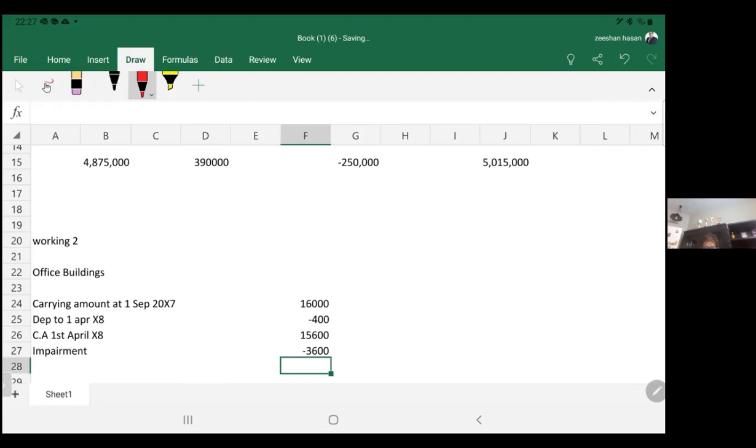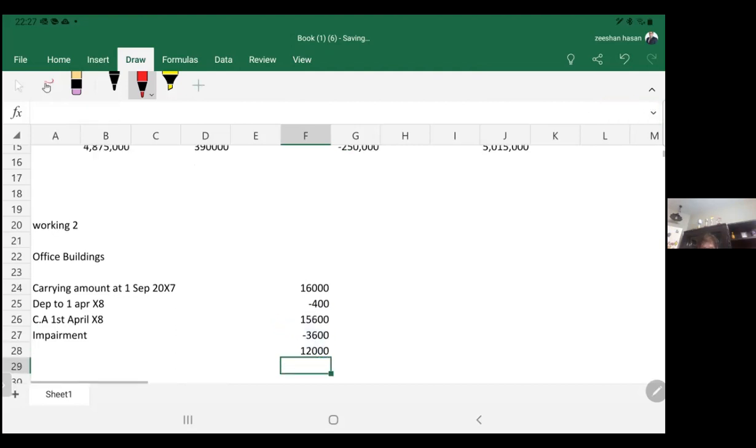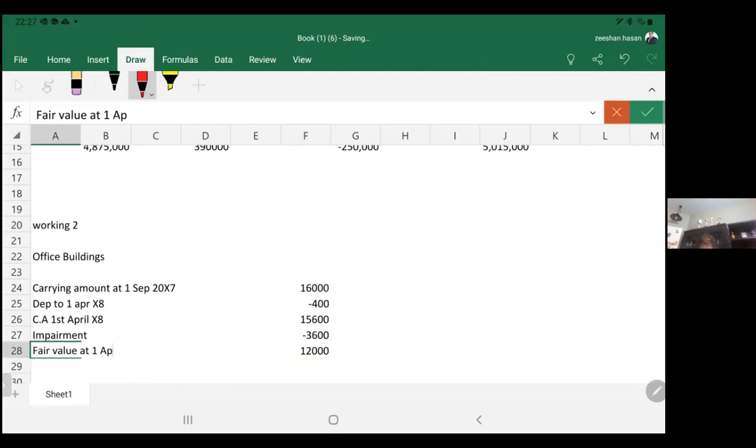Right. Now the fair value at 1st April is this and this, 12,000.